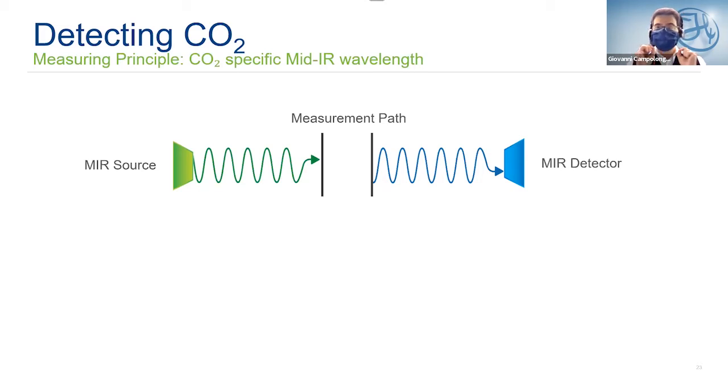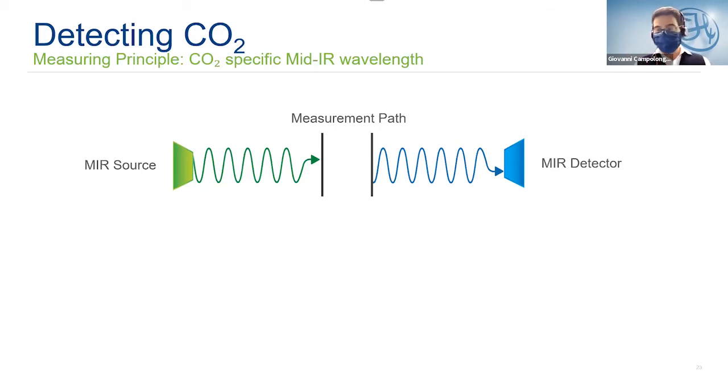Now, what is very good for CO2 in middle infrared is that there is a single wavelength at which the radiation interacts with CO2 molecules. That means that if you have a detector that can detect that specific wavelength, you are capable of seeing how much radiation is absorbed by the CO2 molecules.